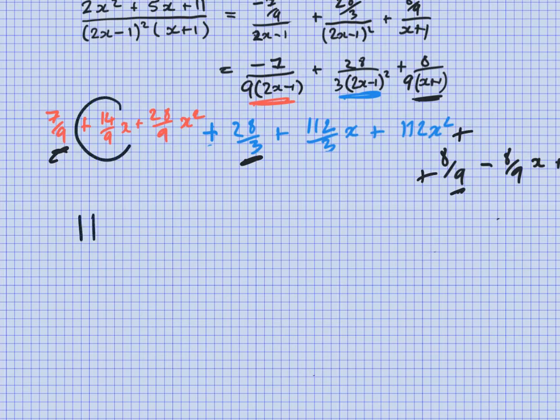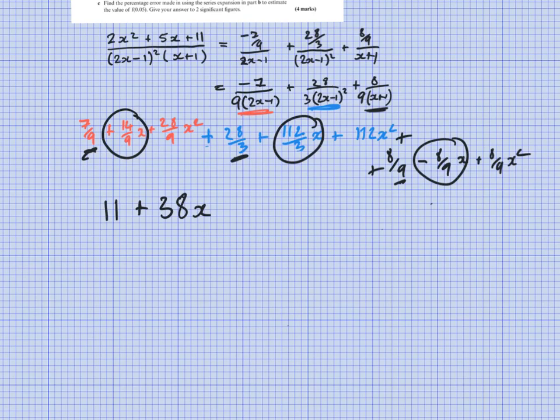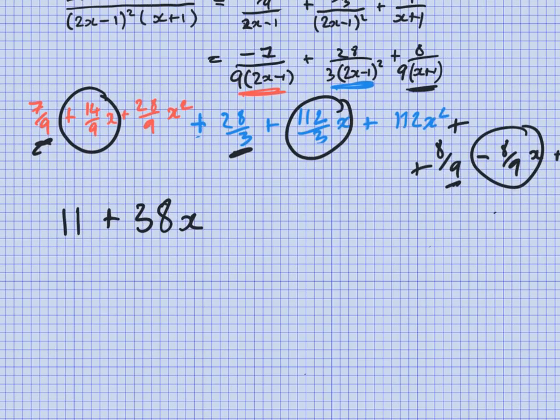Now 14 over 9 plus 112 over 3 minus 8 over 9, I get 38x. And finally, adding together 8 over 9, 112 and 28 over 9, I get 116x squared. I may have just done those on the calculator while I had the thing paused so that I look good. And that's how we get to that answer.